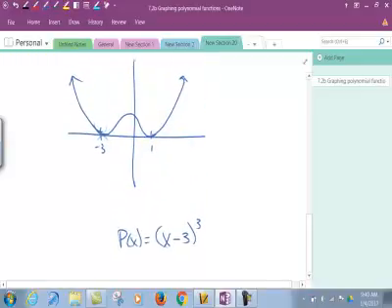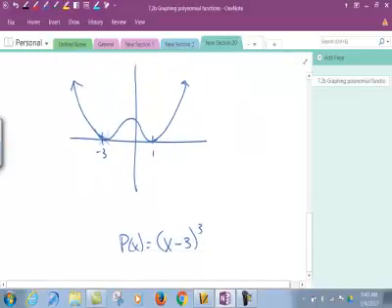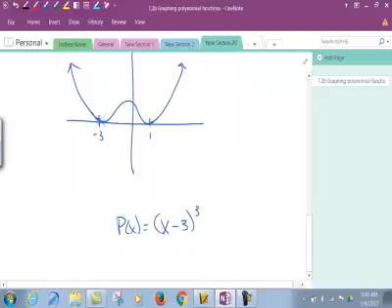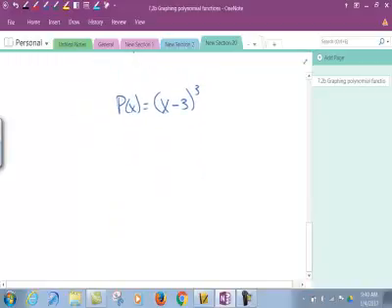If a square next to a factor creates this effect of bumping off the axis, what does taking a factor to the 3rd power do? It makes an S-shaped curve.